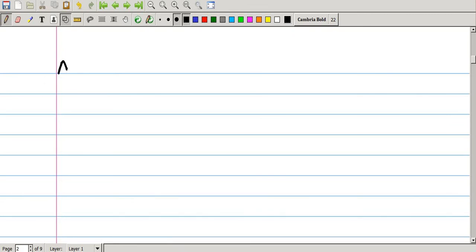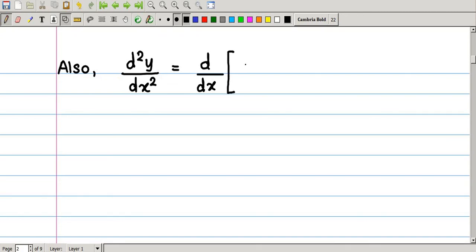So also we can discuss second order derivative of y with respect to x. It is nothing but derivative with respect to x of dy by dx.